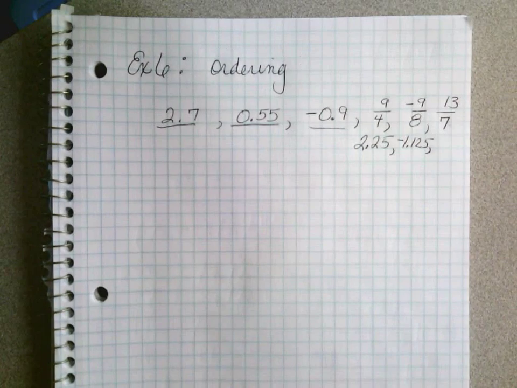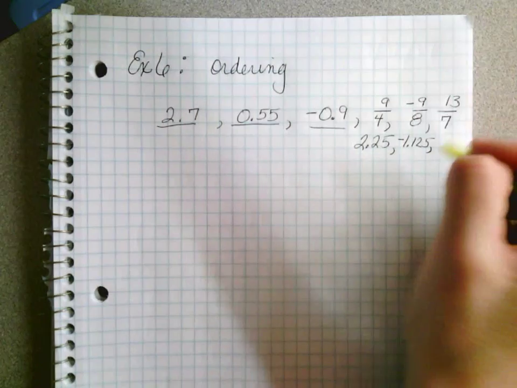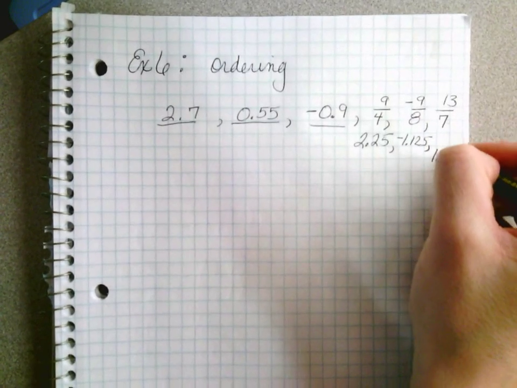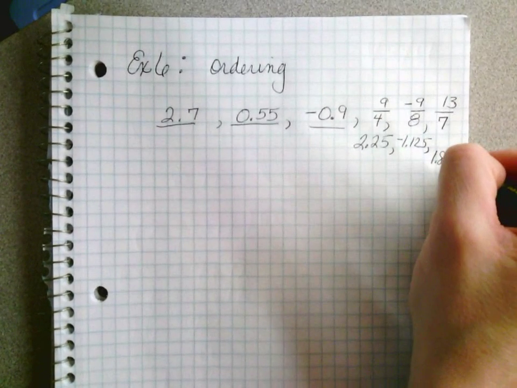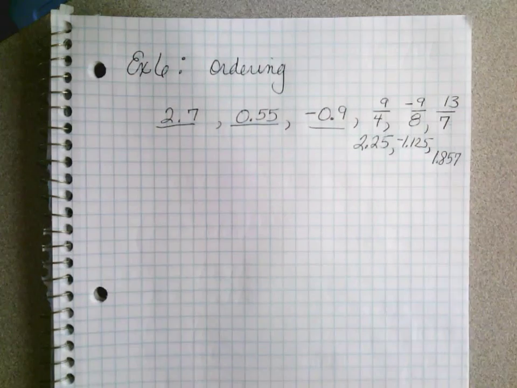And then 13 over 7, positive, 1.857142857, looks like a repeater to me. So I am just going to go 1.857, and I'm going to quit right there because that gives me enough digits to work with.